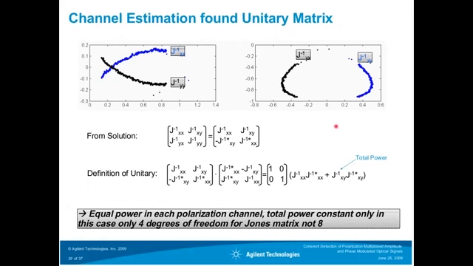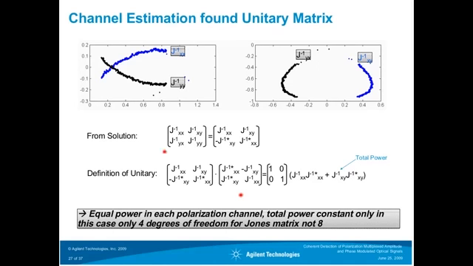What's quite interesting, if you look into the solution the channel estimation finds, you see an interesting property. The channel matrix is actually unitary, which means it obeys this relationship, and this relationship basically means that the power is equal in each polarization channel, but the total power is constant.